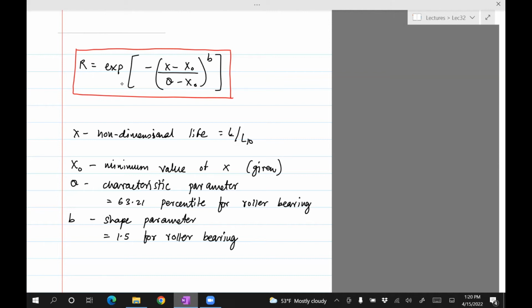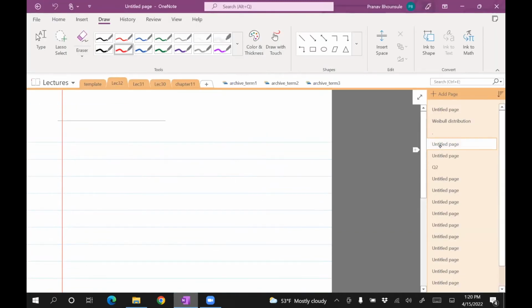This is where the Weibull distribution will help us. So the next section will show you how to go from 90% to different reliabilities like 95 or 99%, which is more relevant in some applications, right? 90% reliability is a relatively low reliability these days.